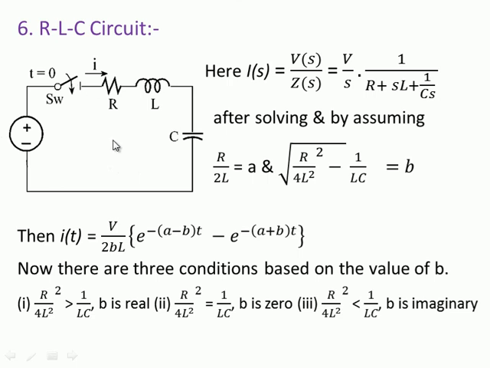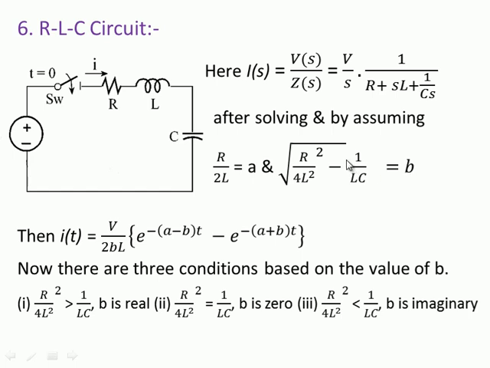Now, there will be three conditions based on the value of B, as I have mentioned. When the value of R squared by 4L squared is greater than 1 by LC, I am repeating, when the value of this term is greater than this, B will come as a real term.